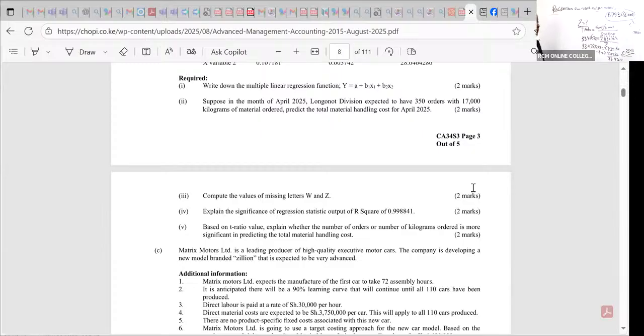The R squared as a percentage will be 99.88.